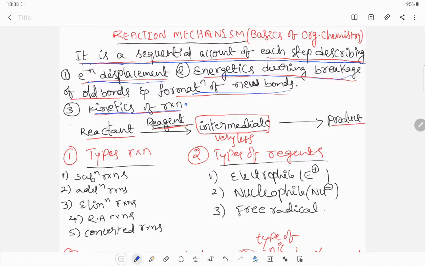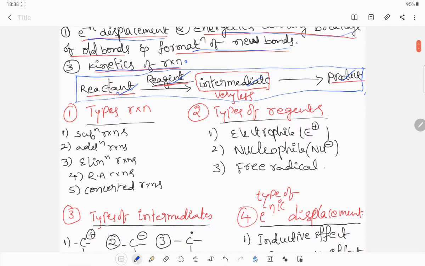When you take one reaction, the reaction consists of reactant, reagent, intermediate, and product. And in this, what types of reactions are there? Substitution, addition, elimination, rearrangement, and concerted reactions.